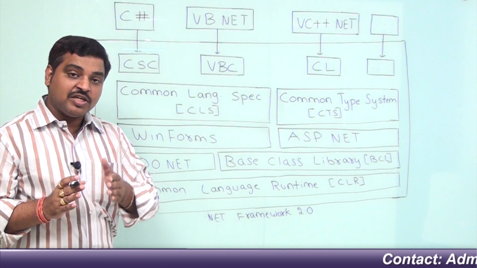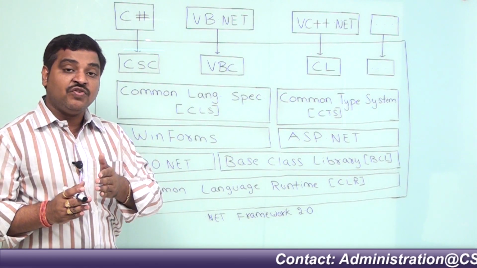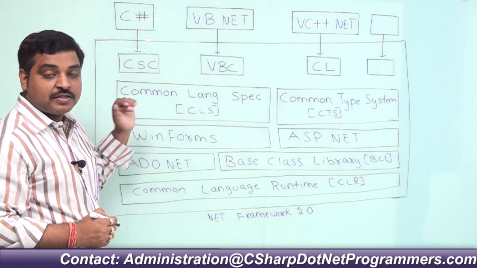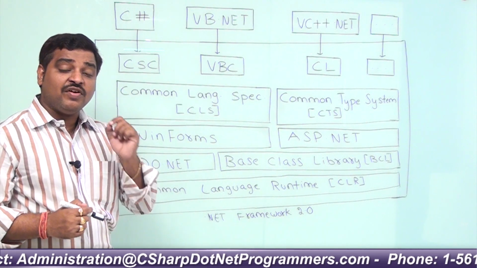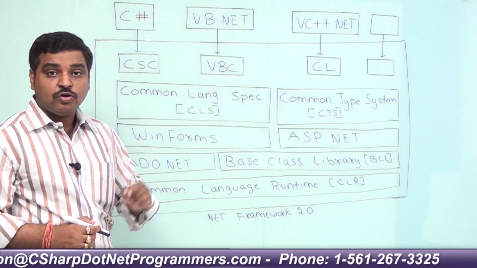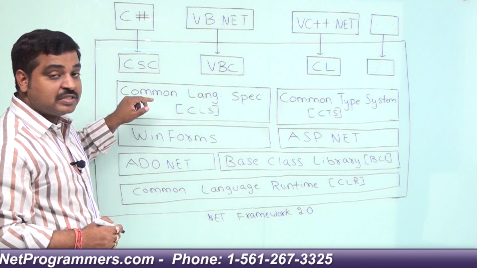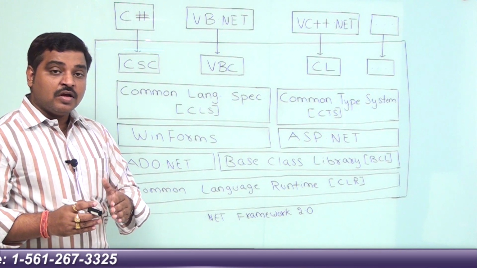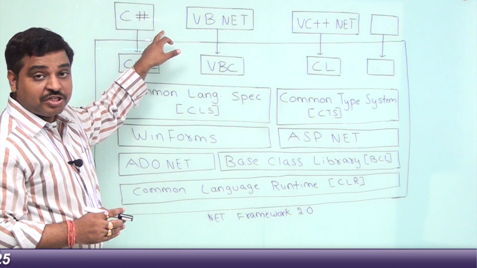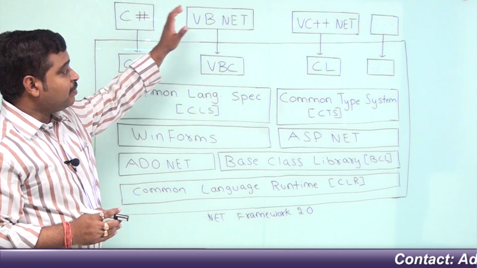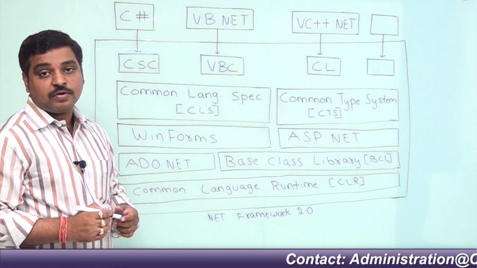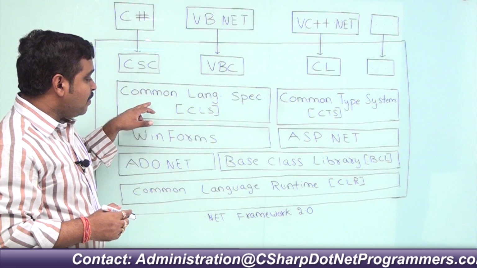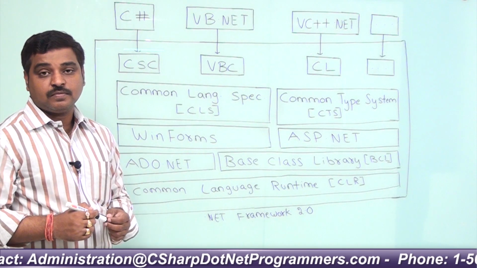So the specification required for achieving language interoperability will be provided by CLS. Any language that targets the .NET should follow this CLS. The advantage: the code written in C# can be used from another application developed in VB.NET. The things required for achieving those will be maintained by the CLS.